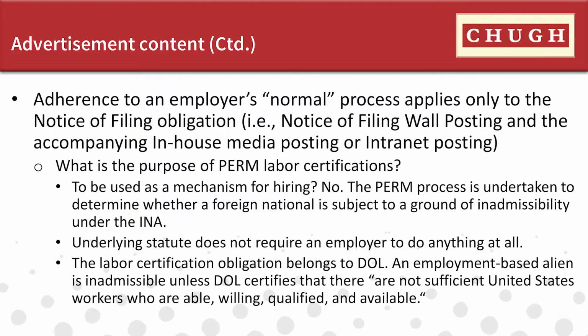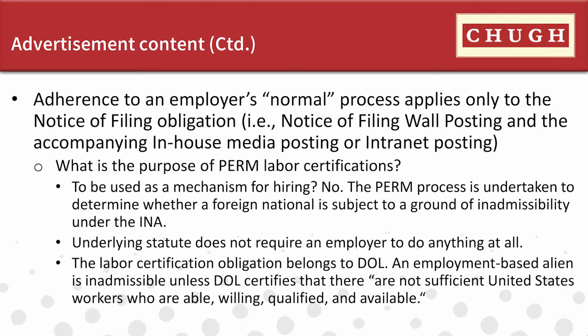So, this is important because the purpose of PERM is to conclude that a foreign national is not inadmissible, because they'll be held inadmissible to apply for U.S. permanent residence if there is a qualified U.S. worker who meets the PERM job requirements, who is able, willing, qualified, and available.